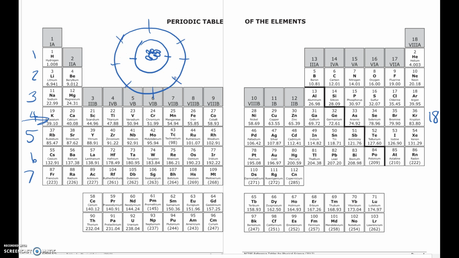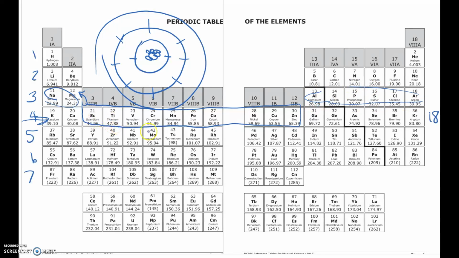The next row also has 8 squares, but then technically, based on some things you'll learn in chemistry, the electrons that are being represented by these elements actually fall into the 3rd energy level. So that means with the 3rd energy level, you have the 2 that are here, plus these 6, plus the 10 that are in the box. So you have a total of 18 electrons that you can fit.